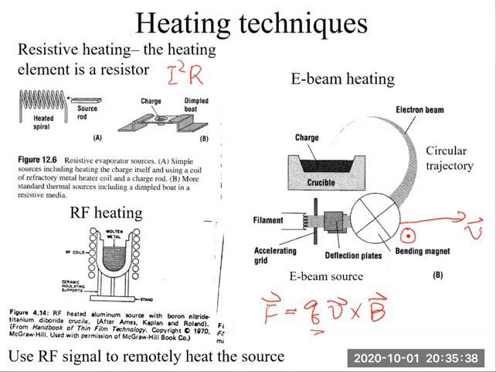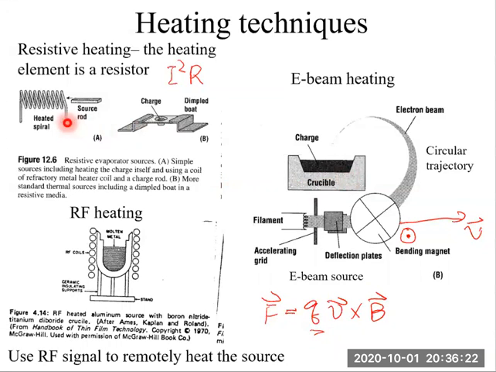So we use high energy electrons to bombard the charge. After bombardment, the energy of the electrons is transferred to the charge or source. In some sense, the charge is heated locally, the spot which is bombarded by the electron beam, and the crucible can stay at a lower temperature.